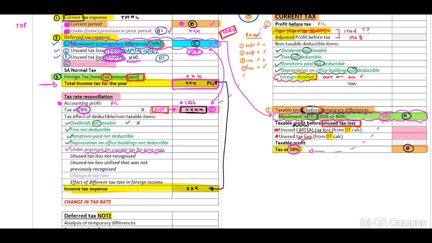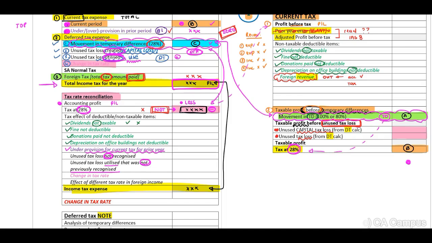The net effect will be 0 because we will deduct it in our current tax and we will add it in our income tax expense note. Therefore, the net effect will be 0. Right. Okay, then important, when you look at my tax rate reconciliation, I've added unused tax loss not recognized or an unused tax loss utilized that was not previously recognized. Therefore, just watch out for these two because they might be included in a scenario.